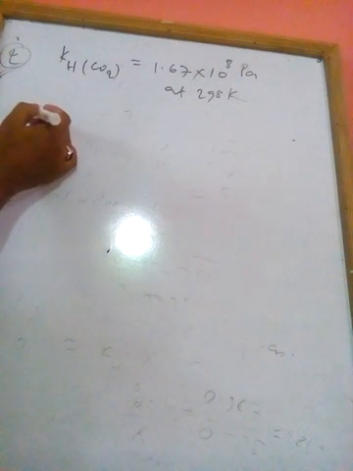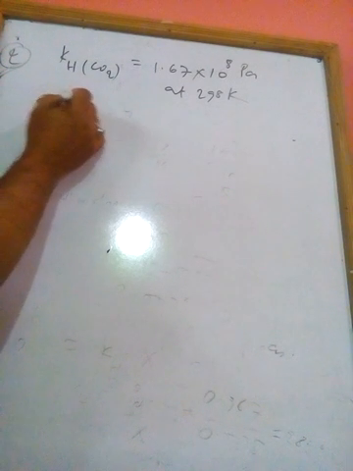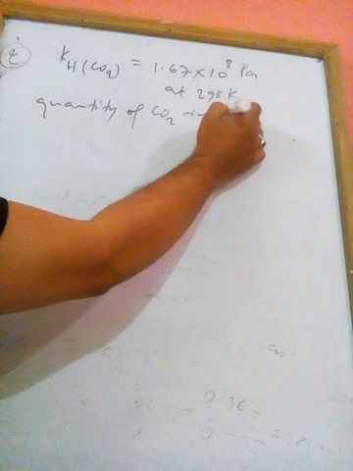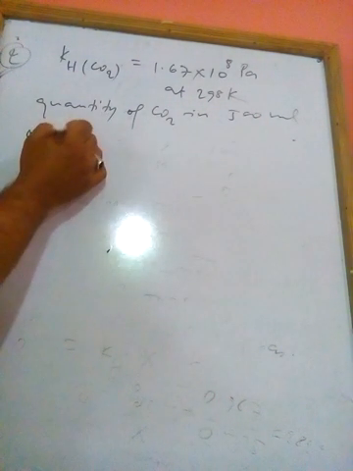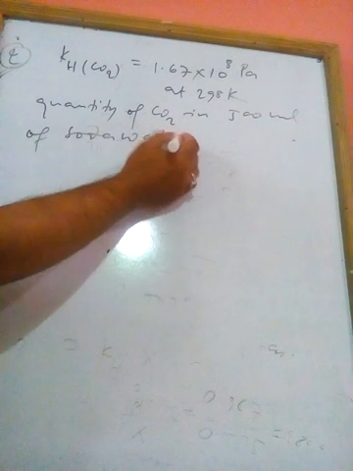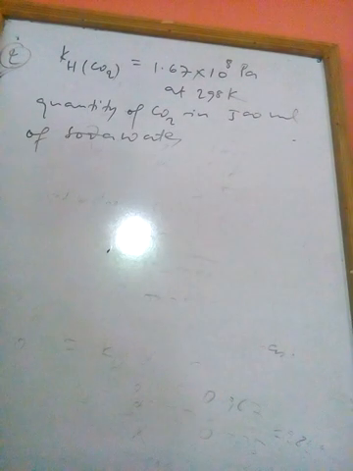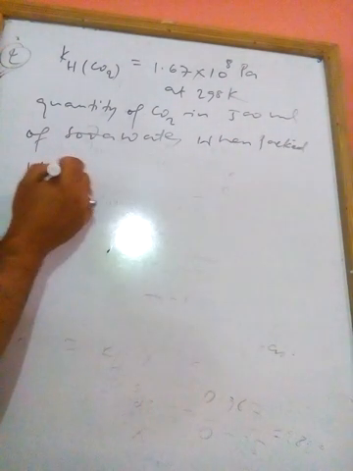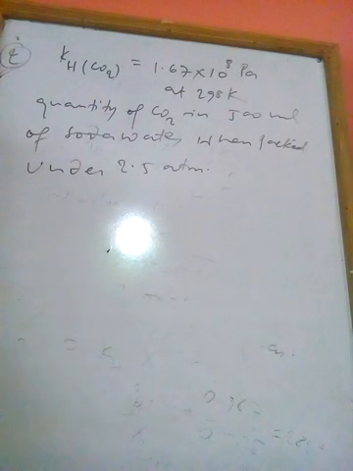Calculate the quantity of CO2, that is mass or moles, in 500 ml of soda water, when packed under 2.5 atmospheric pressure of CO2 at 298 Kelvin.